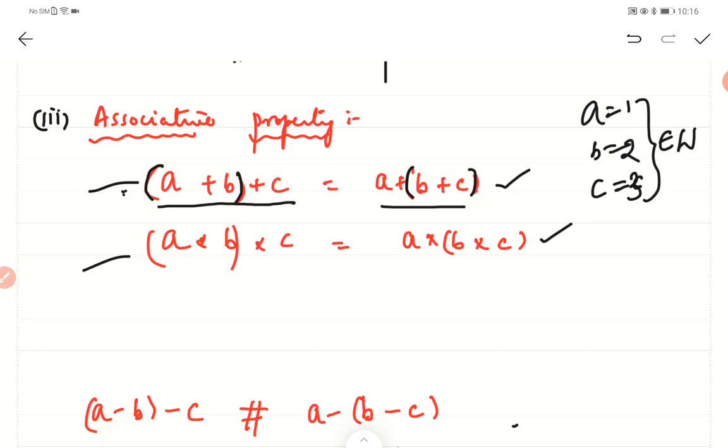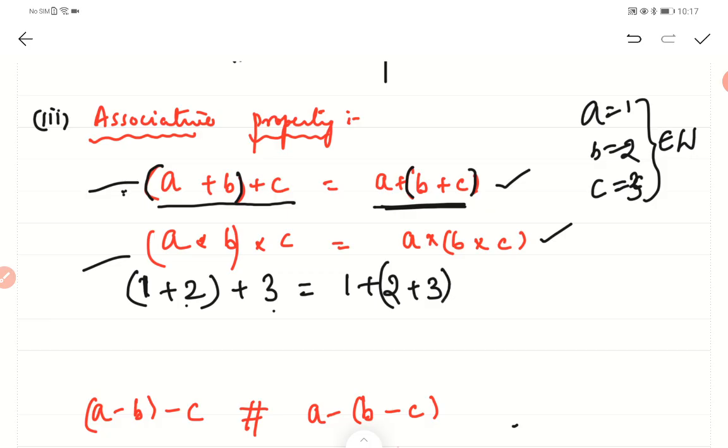If I take a as 1 plus b as 2 plus c as 3, I can write this with the bracket shifted towards 2 plus 3, isn't it? So basically you're giving priority to the bracket numbers to be added first.